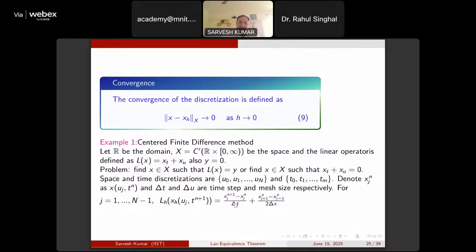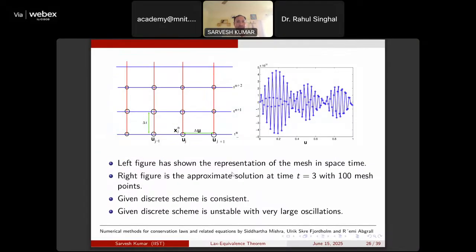But can we have convergence? The answer is no. If you look at the approximate solution on this grid, we have seen instability in the solution. Because of very large oscillations, this scheme is consistent but not convergent.